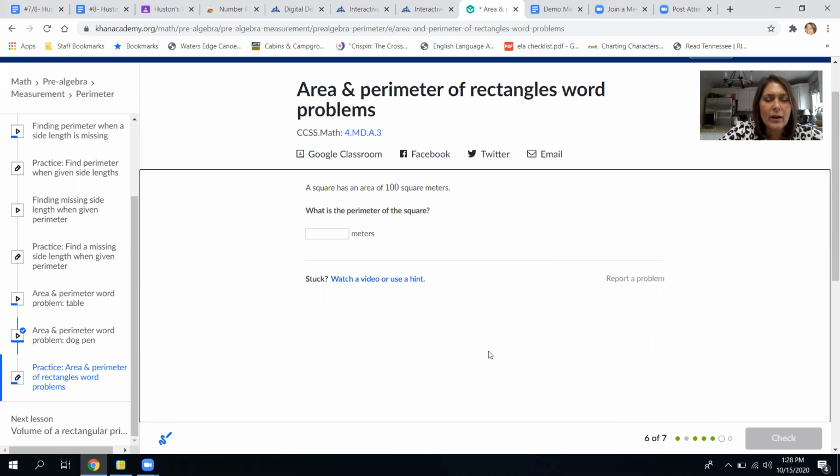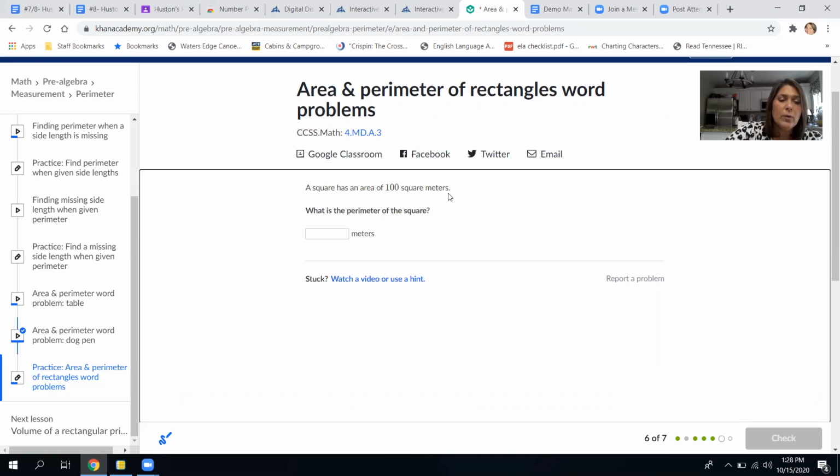A square has an area of 100 square meters. Okay, we're talking area now. What is the perimeter of the square?